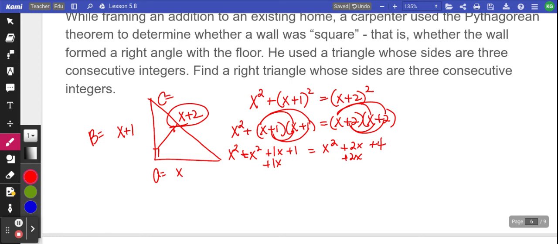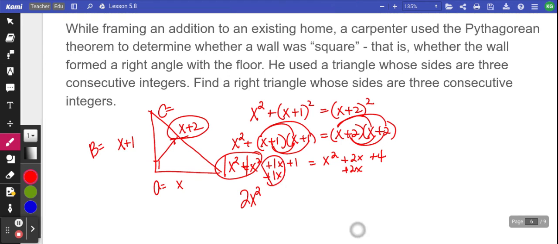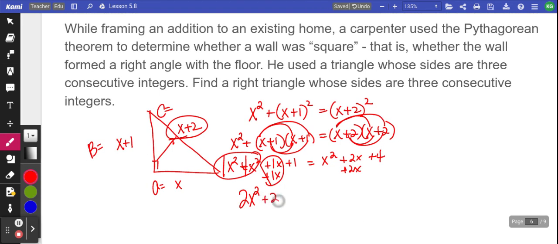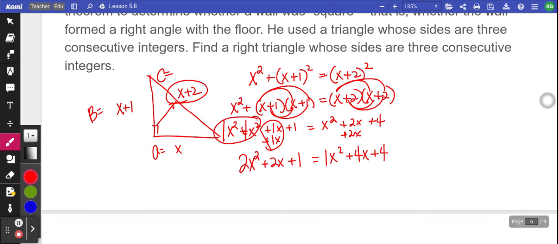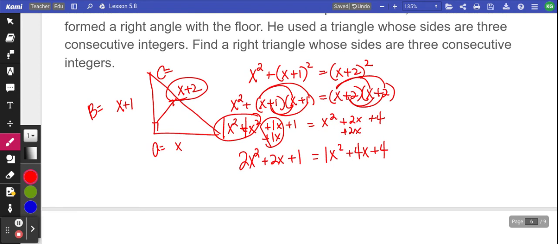Then combine like terms. 2x squared plus 2x plus 1, 1x squared plus 4x plus 4. Set it equal to 0, so I'm going to subtract the 1x squared, subtract the 4x, and subtract the 4.